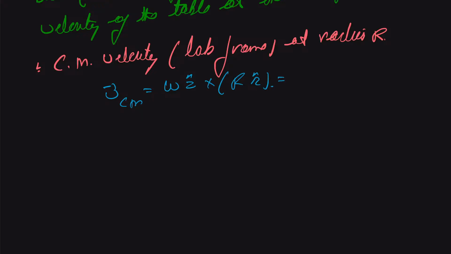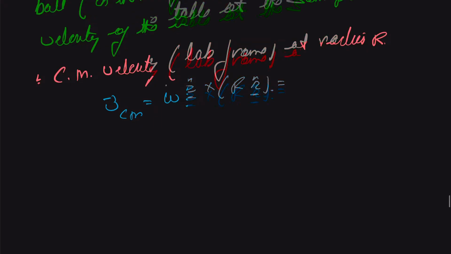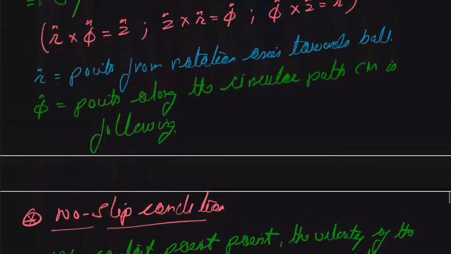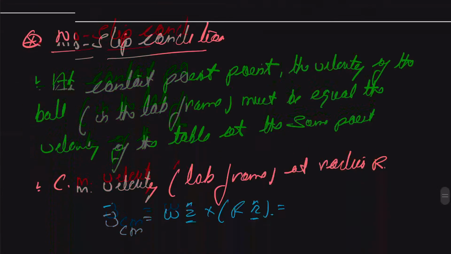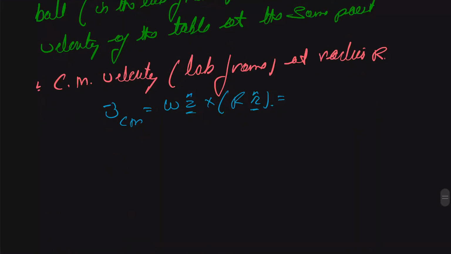Like we said, this is z unit vector cross r unit vector, and we have already written that their cross product is equal to the phi unit vector. Therefore, we can write this as omega r phi unit vector.